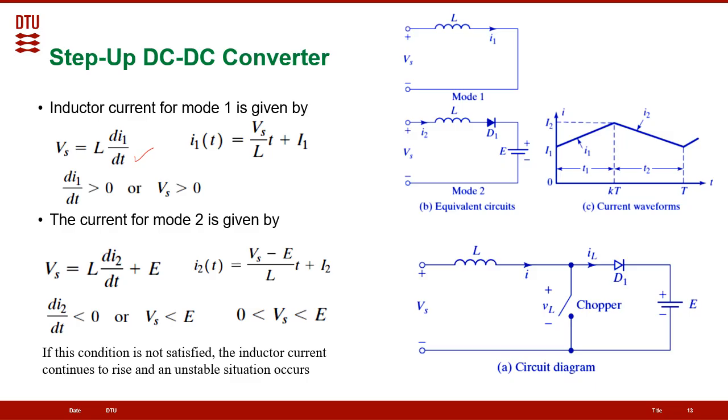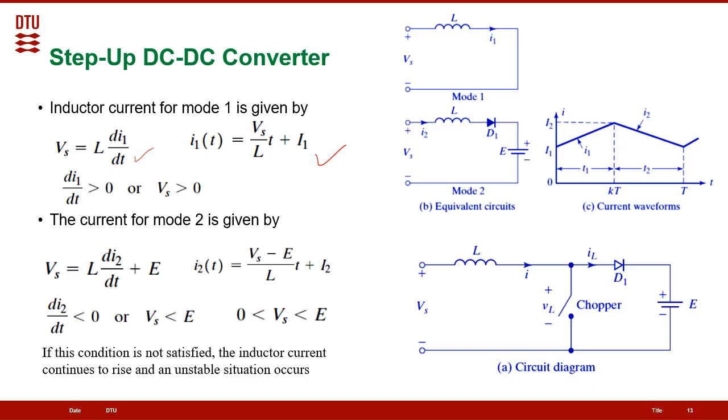We can easily integrate this to find I1. I1 has an initial condition: at t equal 0 it equals I1, and at t equal KT it will equal I2. And this condition should be satisfied, because the inductor current will start to rise there, and the voltage of course should be positive, so that the diode will be forward biased.